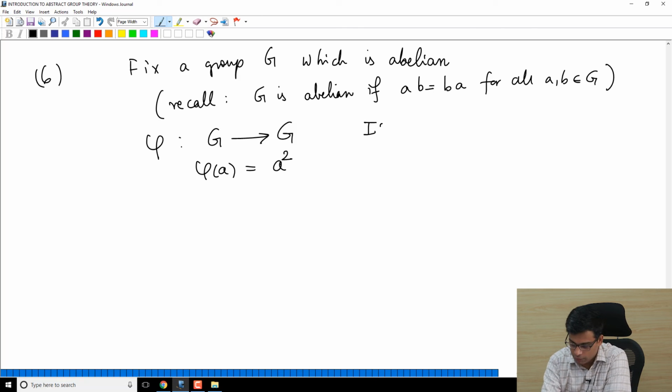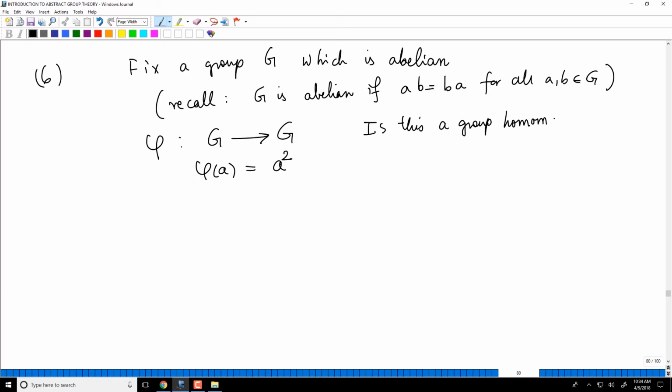Is this a group homomorphism? So we have to check, remember, that phi of AB should equal phi of A times phi of B. Let's just write both sides of this equation.